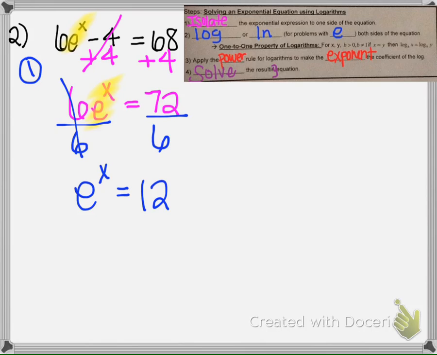Remember, whatever you do to one side, you have to do to the other. Now, since this is e, we're going to natural log both sides. So that was step 2, natural log both sides. Then step 3 is we are going to apply the power rule. So we're going to move this x to the front.